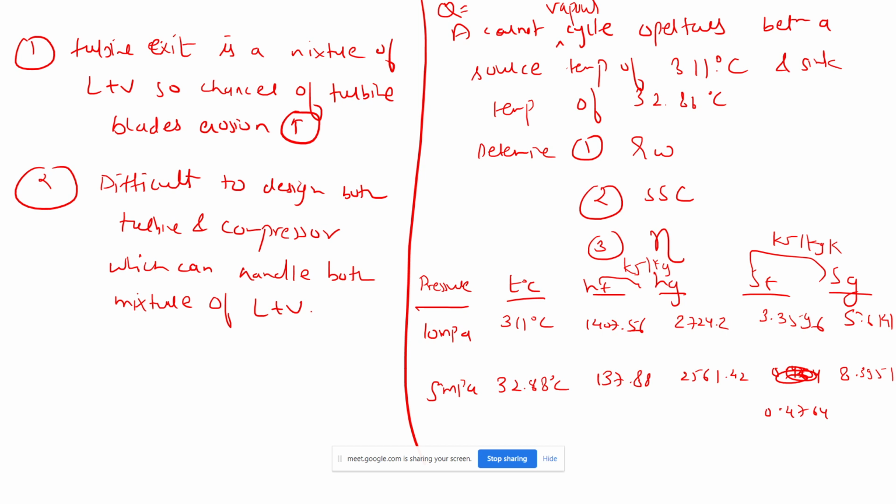So what is the specific steam consumption and what is the work ratio?